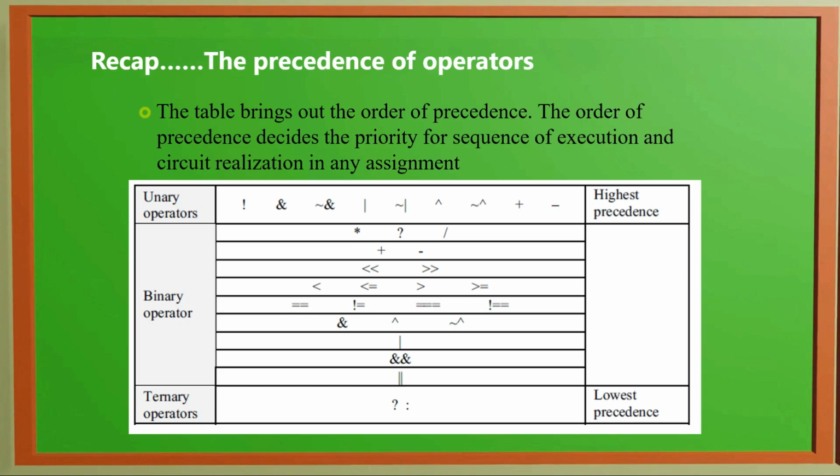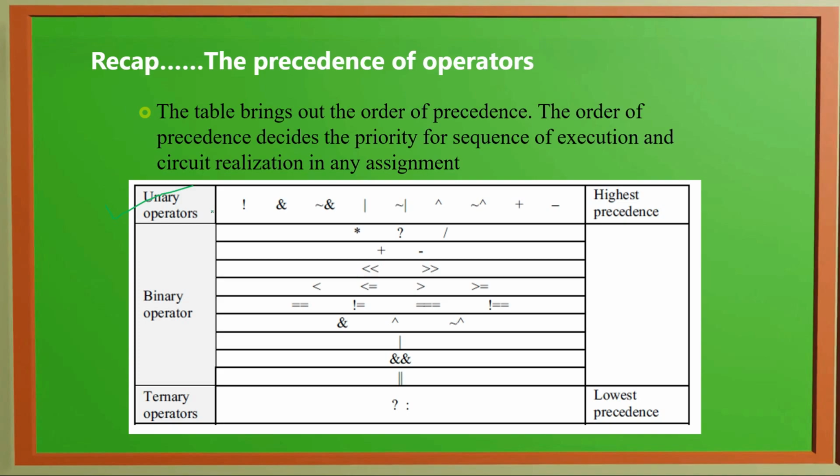In the previous session we discussed the basics of Verilog. In that we have seen various parameters, and the last topic we discussed was the precedence of operators. We have also seen that unary operators have the highest precedence. That means if in a single line there are various operators, which one should get priority?